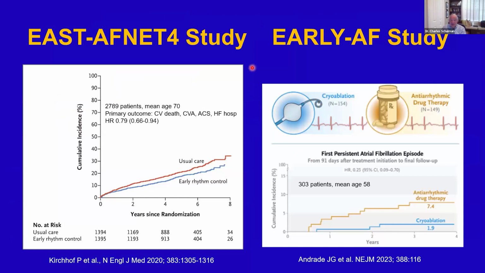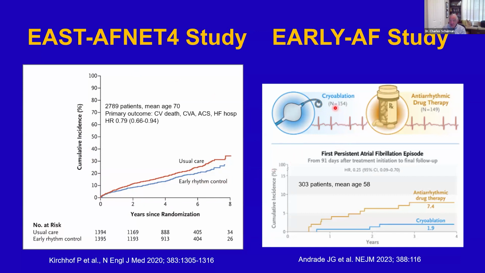These are 2 studies that point the way toward earlier rhythm control having benefit. So in the EAST-AFNET 4 study, the 2,800 patients with a mean age of 80 had a 21% reduction in the primary outcome, which was cardiovascular death, CVA, ACS, and heart failure hospitalizations. So this is one of the points favoring early rhythm control.